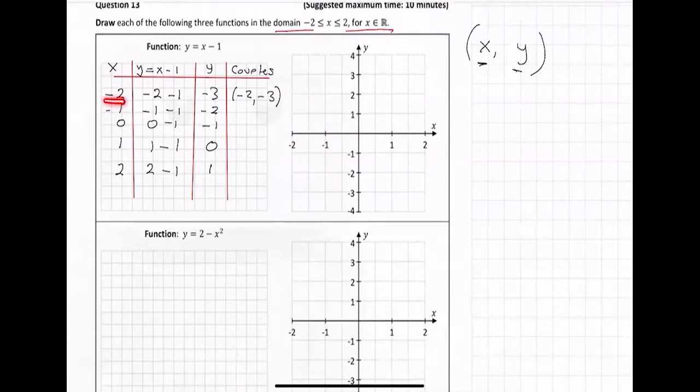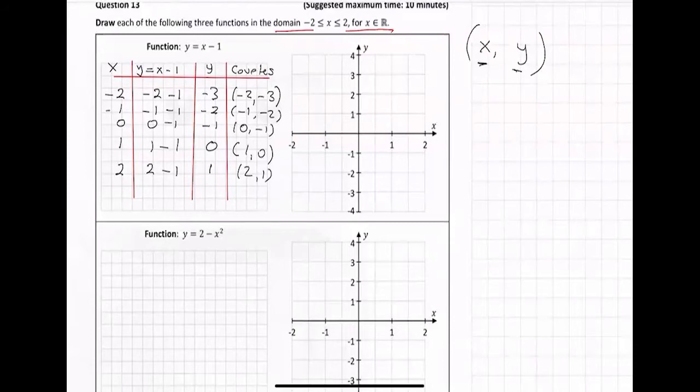That's my x, that's my y. Okay, this one, the next couple is -1, comma, -2. Again, x, comma, y. Okay, and then I plot them.